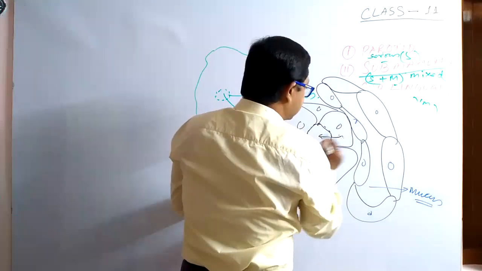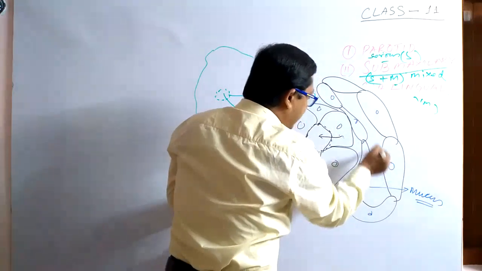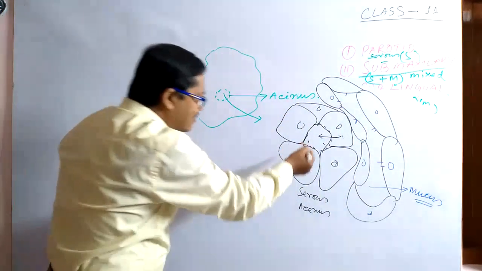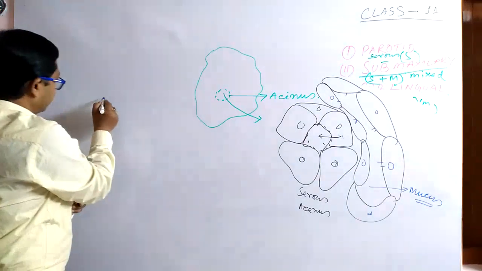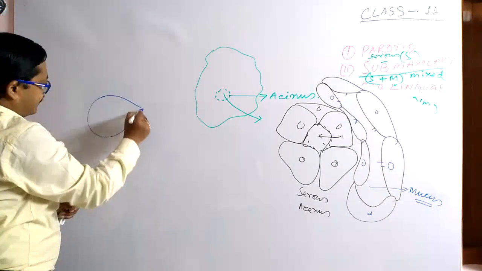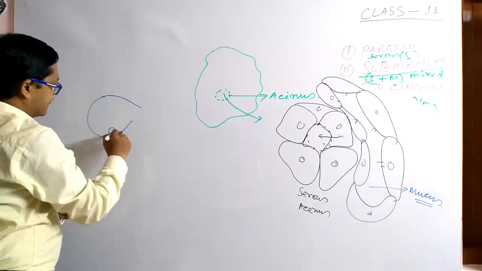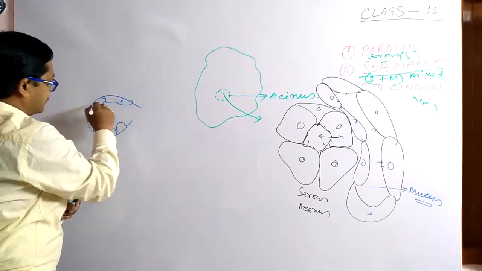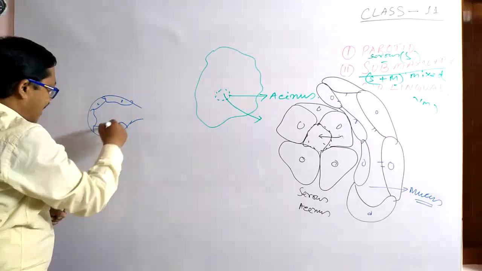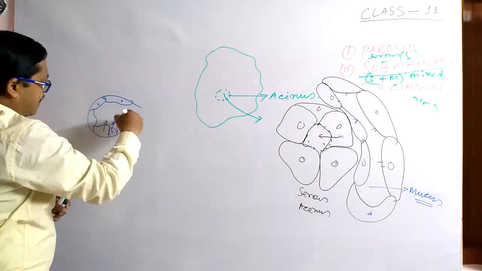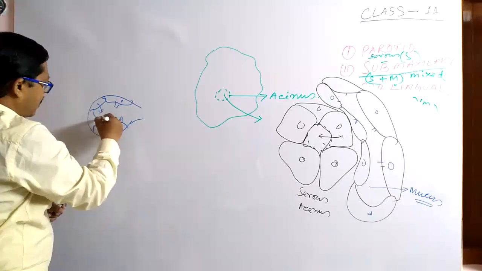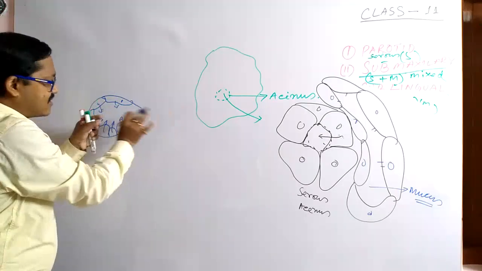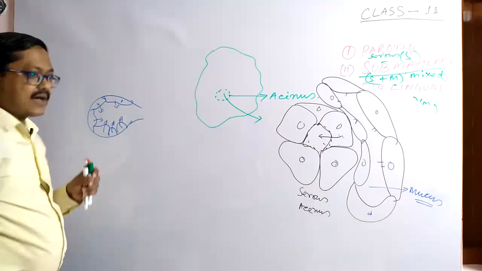All the secretory products of these glands come out through a duct. Suppose this is an acini, made by several cuboidal epithelial cells, and these cells secrete enzymes or mucus. How do these acini release their content into the buccal cavity?